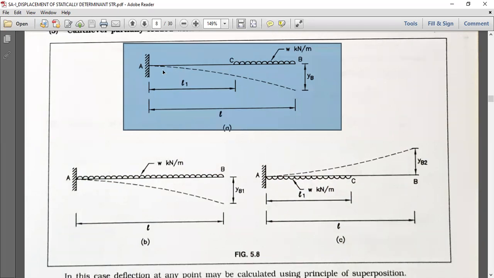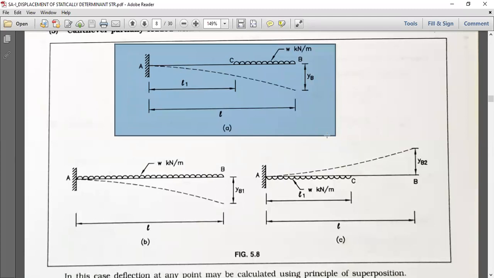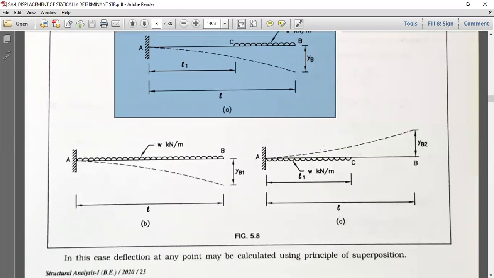So in that case, we assume the UDL all over and reduce the same amount of UDL from A to C level. That's why the equation we finally got is for this type of cantilever beam.